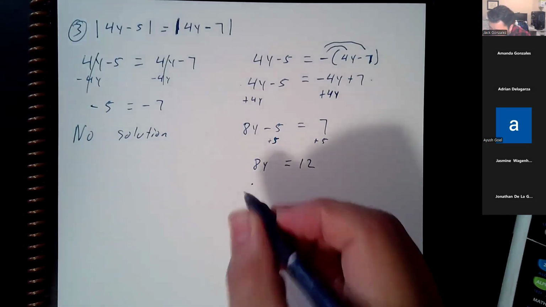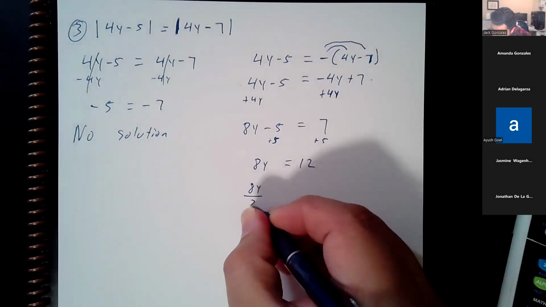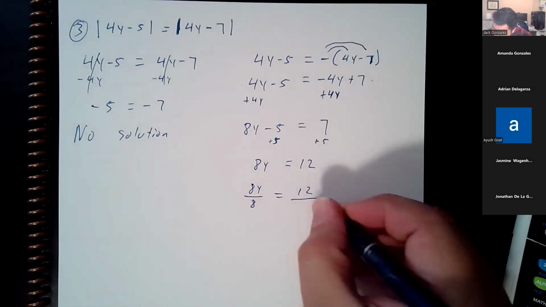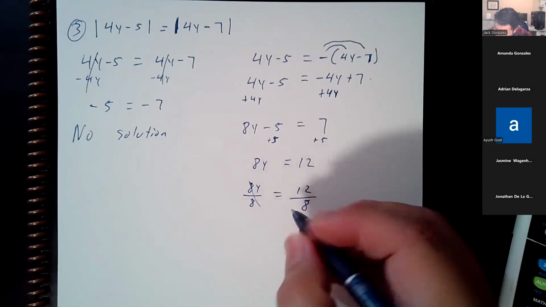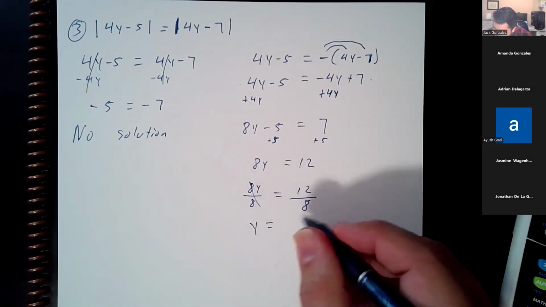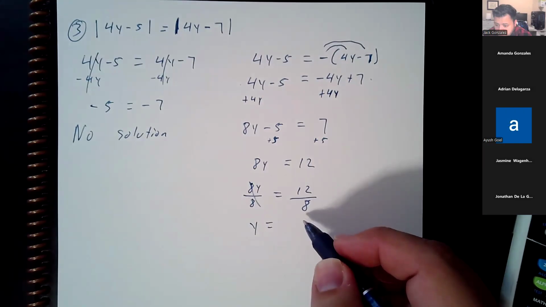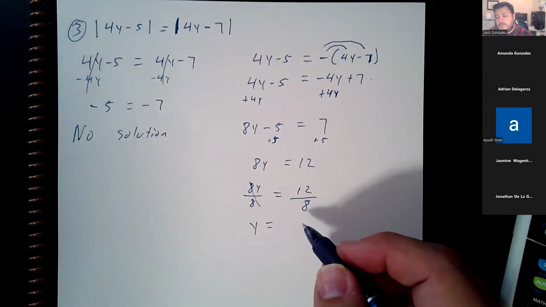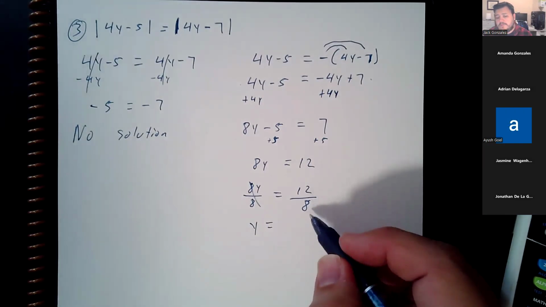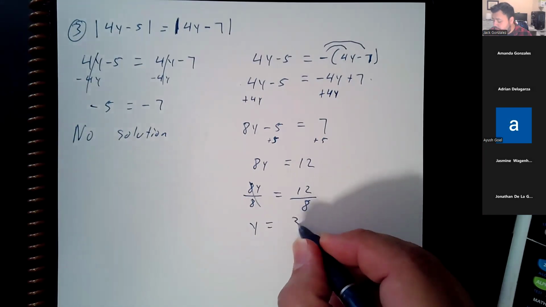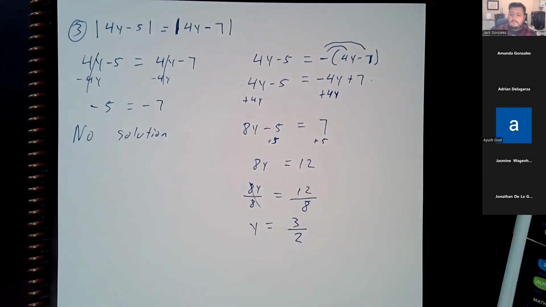Yeah, and simplify, that's true. 12 divided by 8 becomes 3 over 2. Yeah, you're right. Jonathan, you got it. So we only have one solution on this guy.